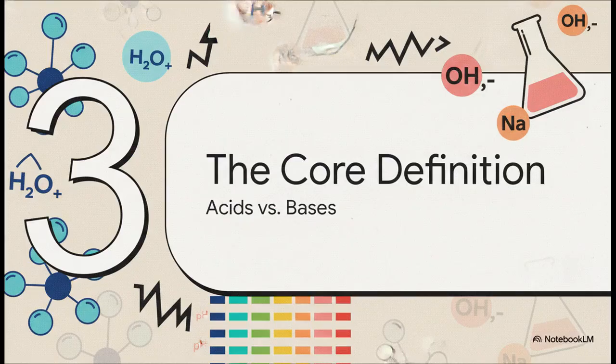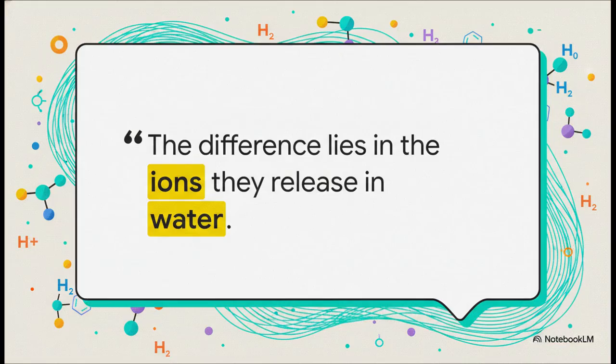Okay, so we've met the ions, now we are ready for the main event. Let's finally get to the core definition that separates an acid from a base. The entire difference, the whole shebang, it all boils down to this one simple idea. What kind of ions do they release when you dissolve them in water? That's it. That's the secret.